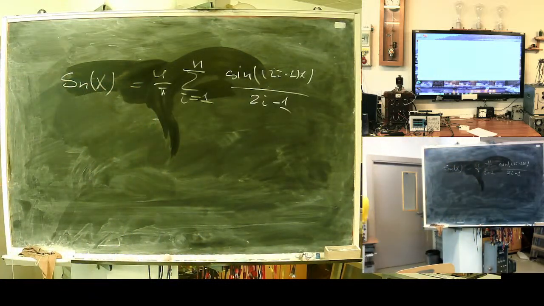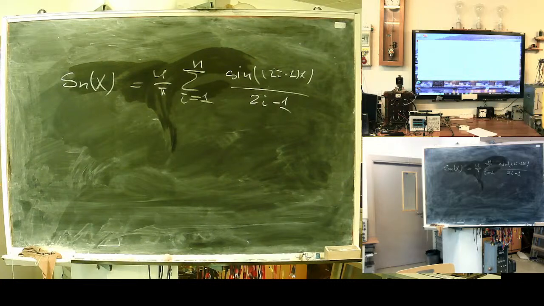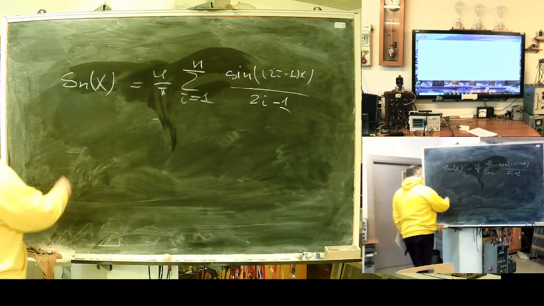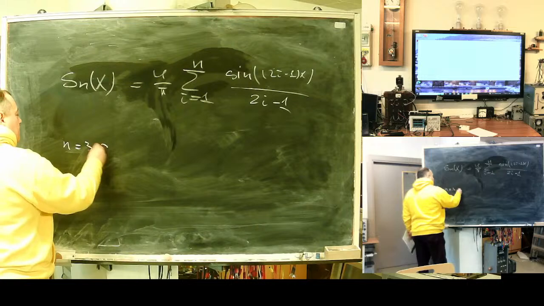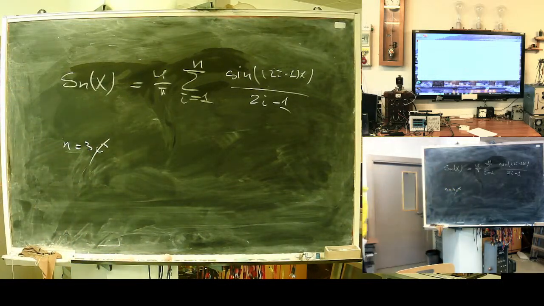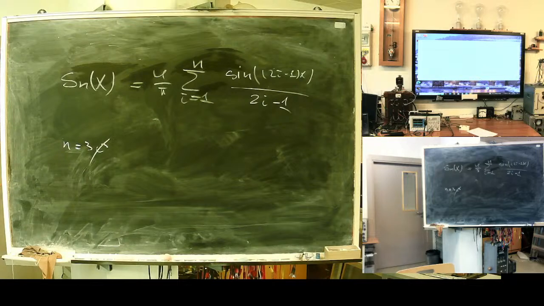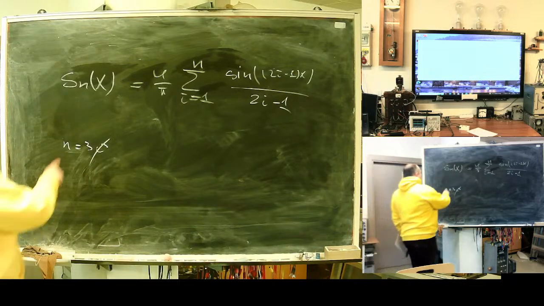In my case now, n is 3. Sn of x is this blue line. It's the sum at this moment when n is 3.